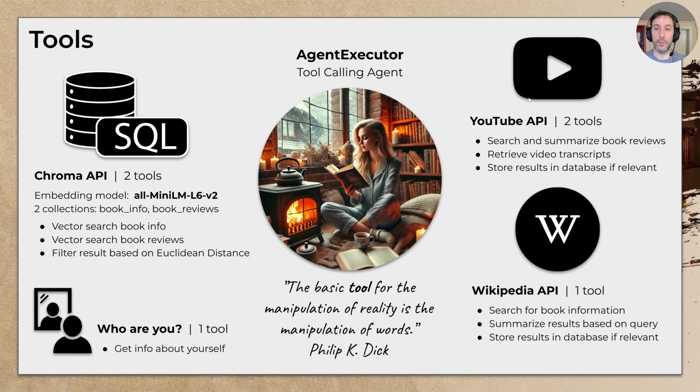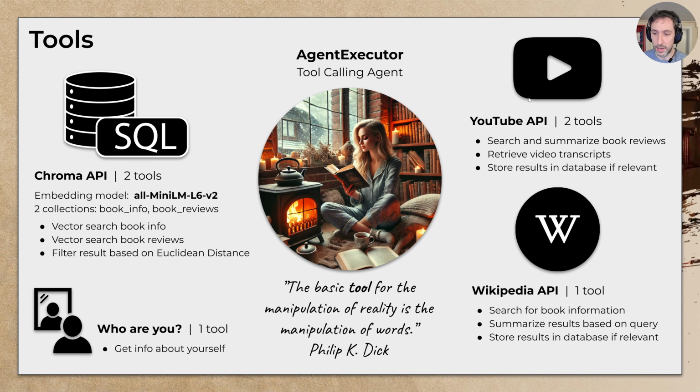She's also able to retrieve directly a video transcript. So if I say, hey, I want to discuss this video, and give her the link, she's able to go retrieve the transcript, summarize it, discuss it, and then, if it makes sense, she would store the results, the review, or the book information into her database.